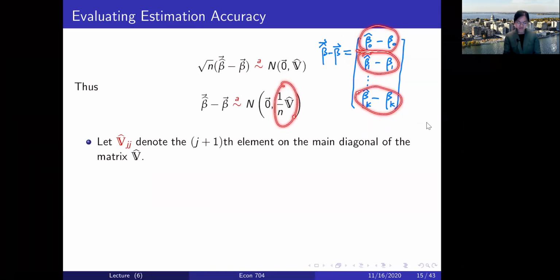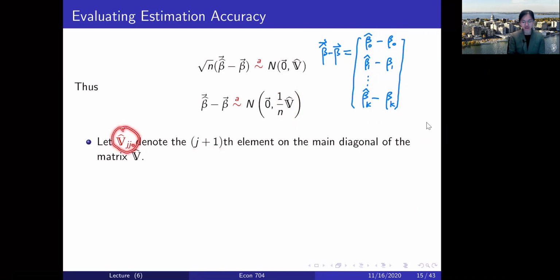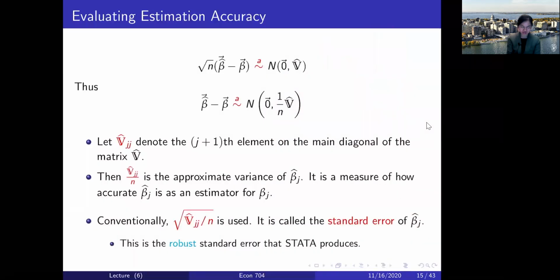So therefore, if we take the j plus 1 element on the main diagonal of the matrix, then v hat jj divided by n will be the approximate variance for beta hat j minus beta j. So v hat jj divided by n will be the approximate variance of beta hat j.